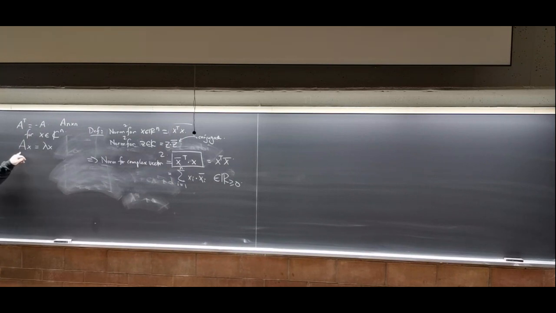Now, what we need in this case: x is an n by 1 vector, right? Lambda x is also an n by 1 vector. A times x is n by 1, lambda times x is n by 1.